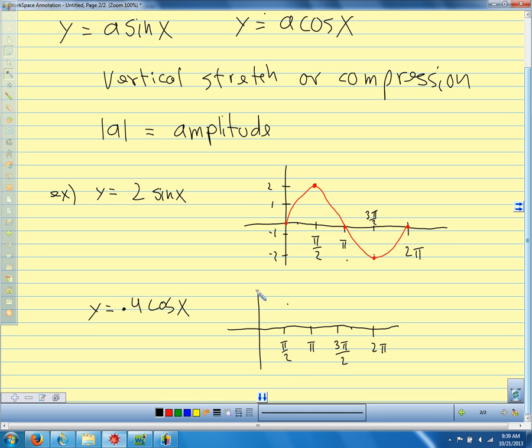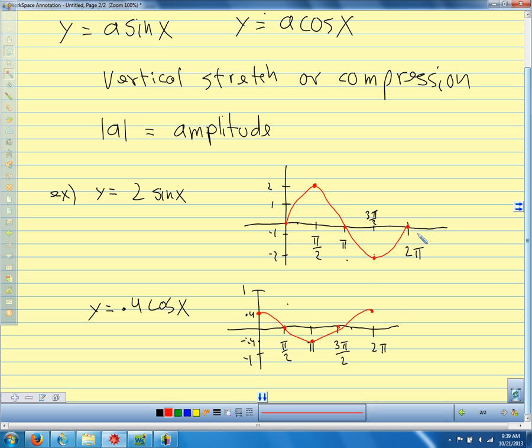And instead of starting up here at 1, I would start down here at 0.4. And that'd be negative 0.4. And my cosine would start here, go to here, go down to here, back up to here. And there would be one period of that function, just compressed by a factor of 0.4.